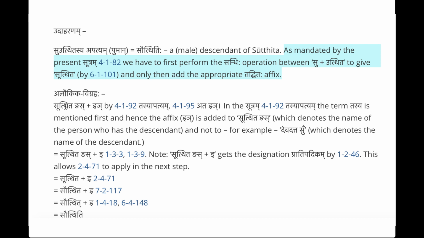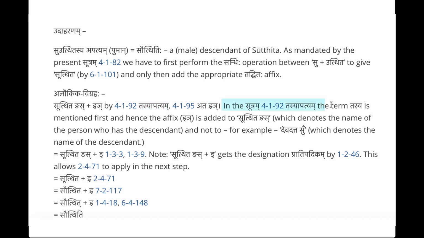So Alaukika Vigraha is Suthita Nyas plus Iny by 4.192 Tasyapatyam and 4.195 Ata Iny. We will be studying these rules in detail later on. For the time being, just note that the affix being used here is in the sense of Tasyapatyam, his descendant. That is the adhikara. And within the adhikara, the rule which is applicable to our example is 4.195 Ata Iny.